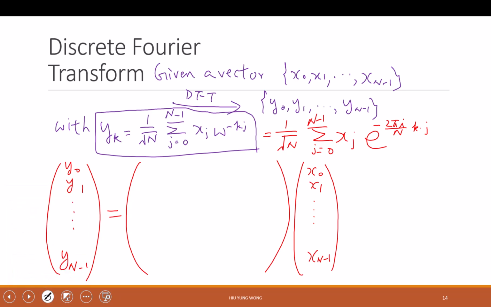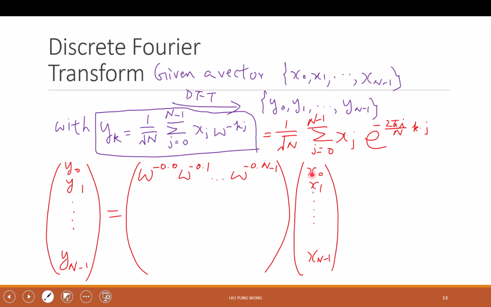So obviously this is what? Omega to the power negative 0 times 0. Omega to the power negative 0 times 1, all the way to omega to the negative 0 times n minus 1. And this will fulfill this equation because I'm talking about k equal to 0.